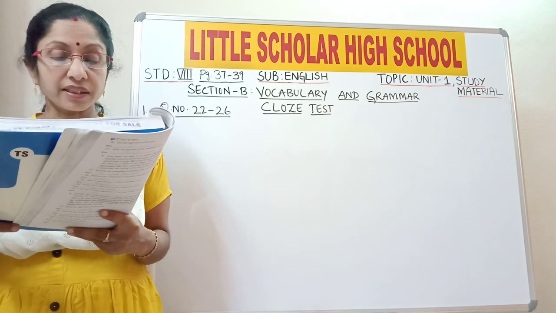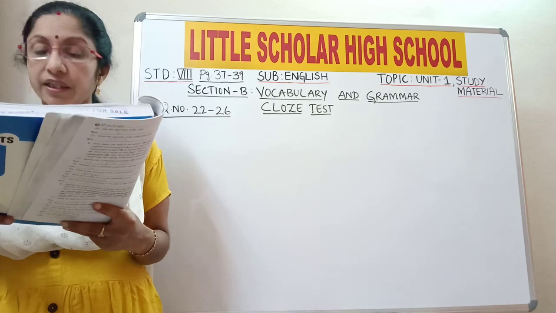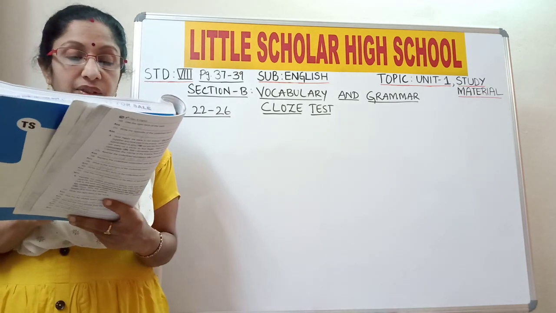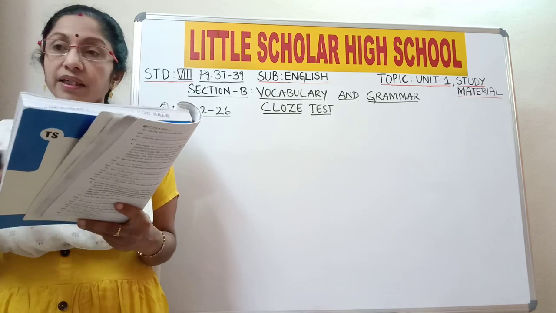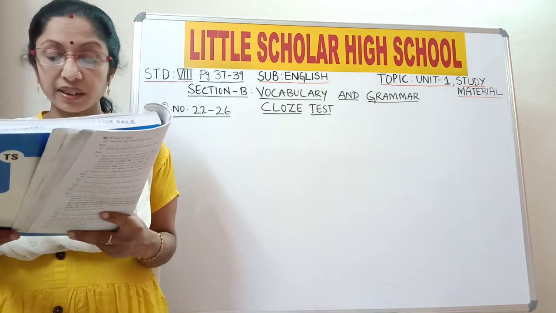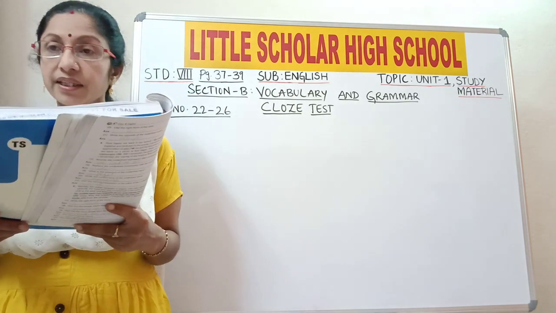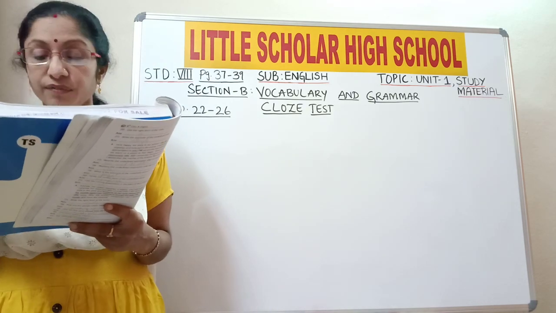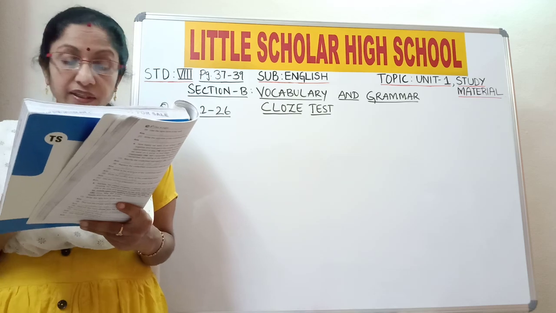Now first passage says, all the children rushed to the table, dash in joy. So question number 22, option A is screamed, option B screaming, option C screams, option D scream. You can see the various forms of the single word, isn't it?